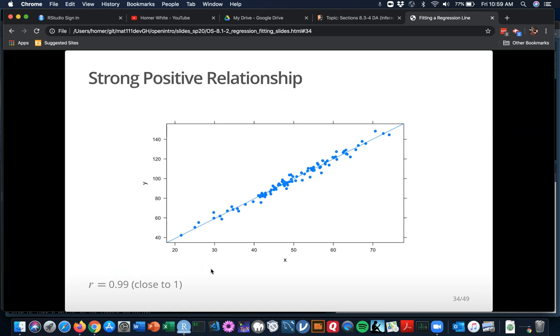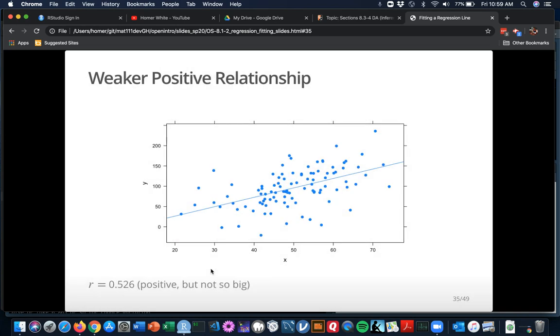It's really close to 1. Here's a positive linear relationship, but it's weaker because there's a lot more up and down scatter. Look at the R. It's positive, but it's not so close to 1, indicating the weaker relationship.